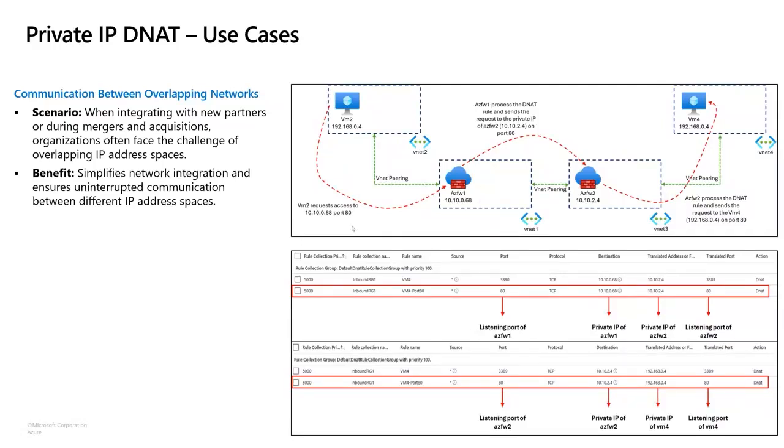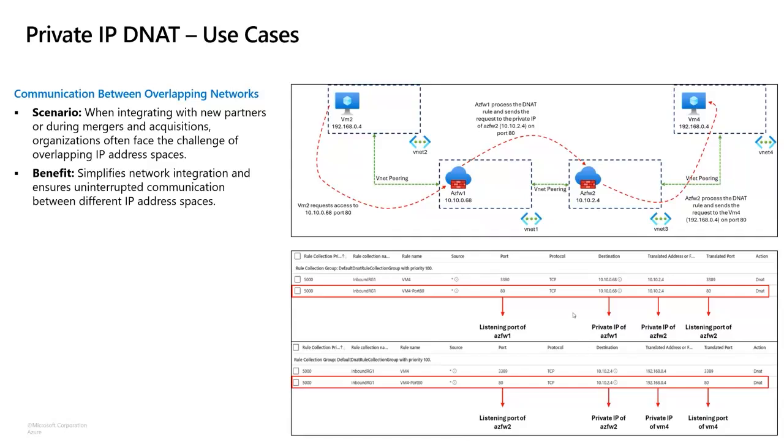In our example we're using port 80, but this can be any other port in a real world scenario. After that request, Azure Firewall 1 will process the DNAT rule and send this request to the private IP of Azure Firewall 2, which is 10.10.2.4. Azure Firewall 2 will process the DNAT rule and send the request to VM4. So we're able to establish communication between our two overlapped networks, our virtual machines.